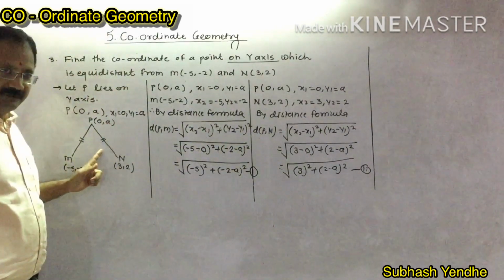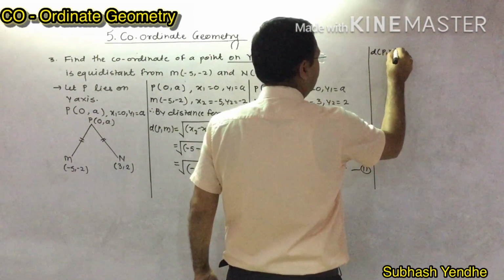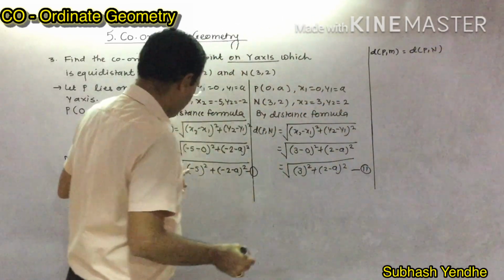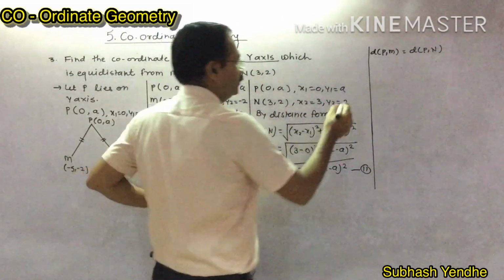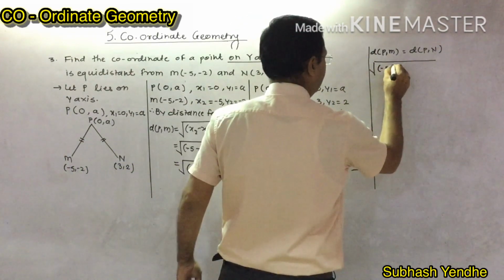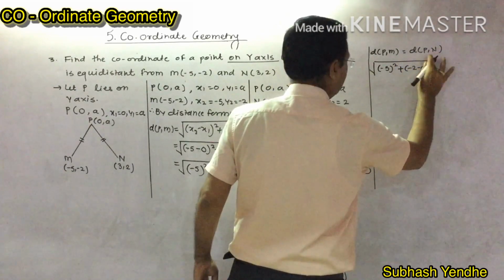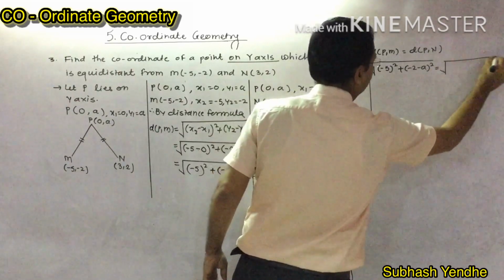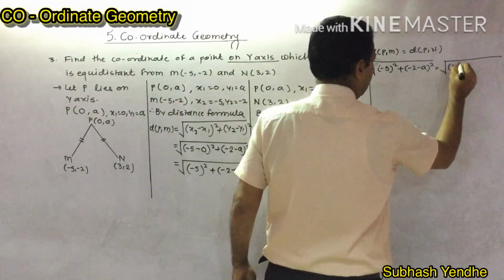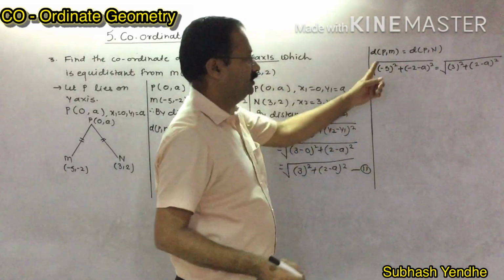But these are equidistant. So here you have to write distance PM equals distance PN. Now substitute the values. PM is under root (-5)² + (-2 - a)² equals PN, which is 3² + (2 - a)².